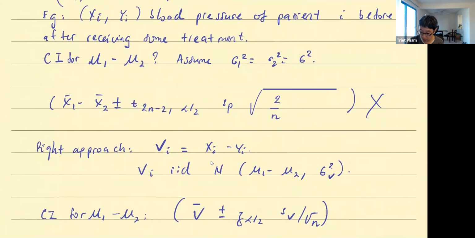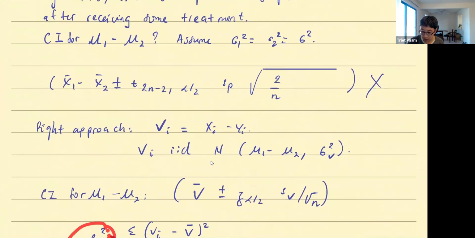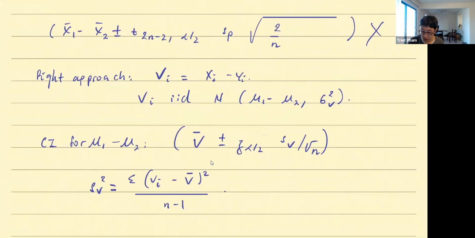The information contained in sigma squared V is not the same as the information contained in S_P, because when you do this, you do not take care of the covariance structure, how these X_i and Y_i are related. But here, because you already subtract them, it takes care of that covariance structure. Any question?